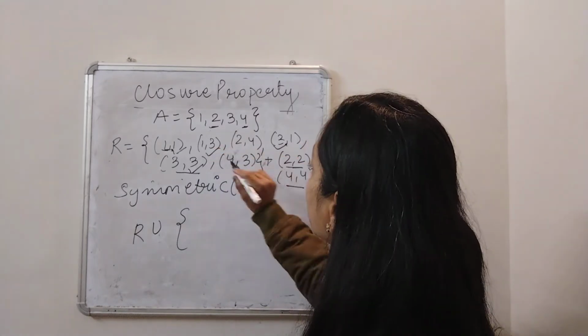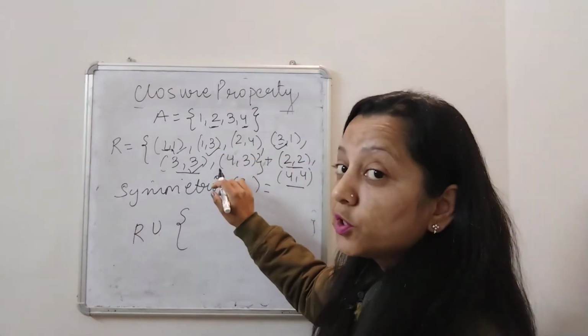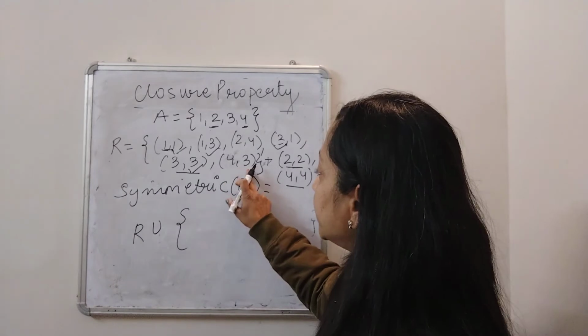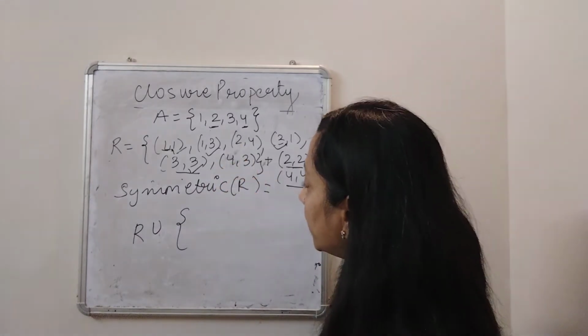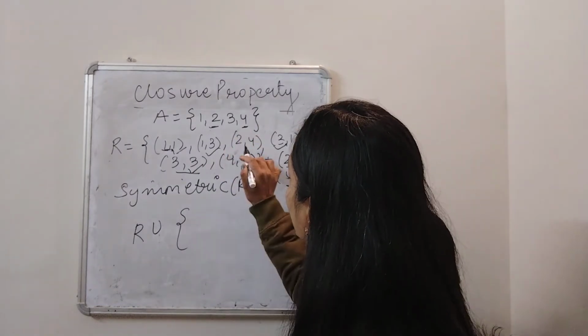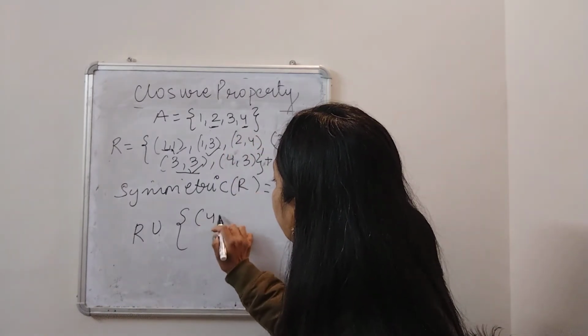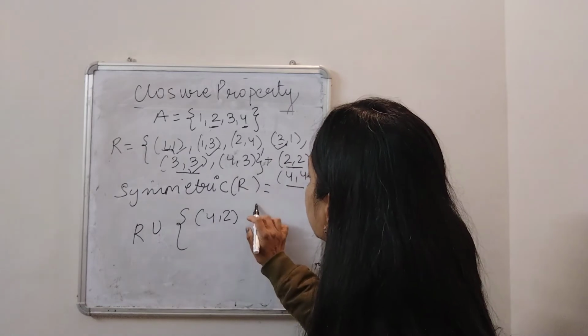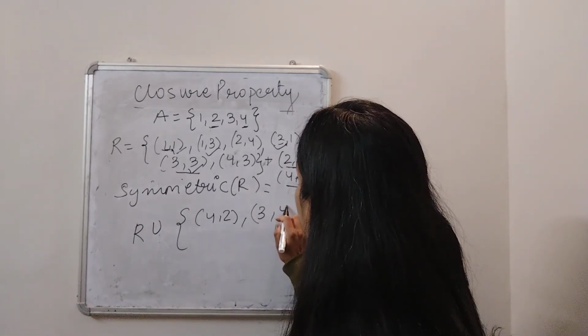This is here. If 2 4 is here, then 4 2 must also be here. It is not here. If 4 3 is here, 3 4 must also be here, which is not here. So what I need to do is that 1 3 and 3 1 are there. 2 4 is here, I will add 4 2. 4 3 is here, I will add 3 4.